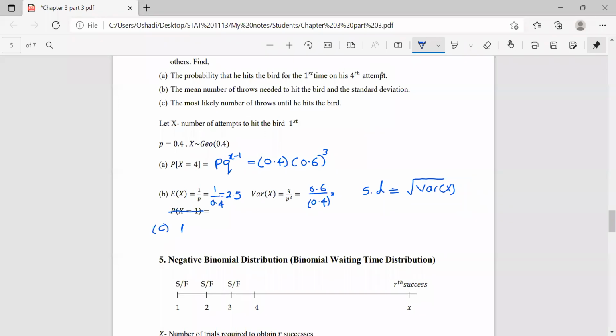Not 0.4. It is the probability of success, or the probability of obtaining the first success in the first throw. That is the probability. So the number of trials having the highest probability value is the mode. So 1 is the mode.